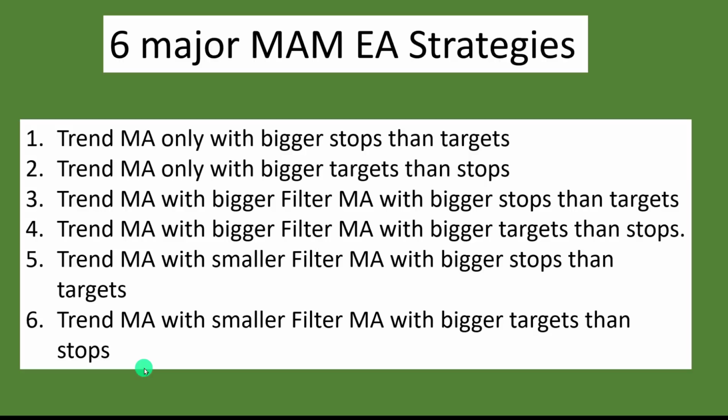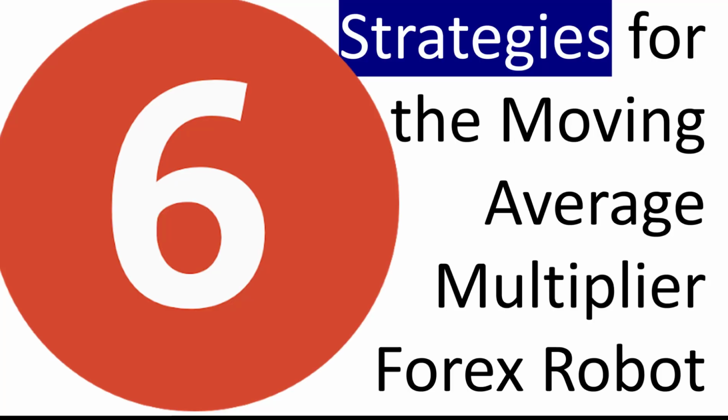You'll be surprised at the different results you get depending on which strategy you use. Now in the next video, I'm actually going to show you the results of those 6 strategies. We're going to do a bit of back testing and that kind of thing, and you'll be able to see whether you were right or wrong. And by the way, all of these strategies are successful. It's just by how much they differ from each other.